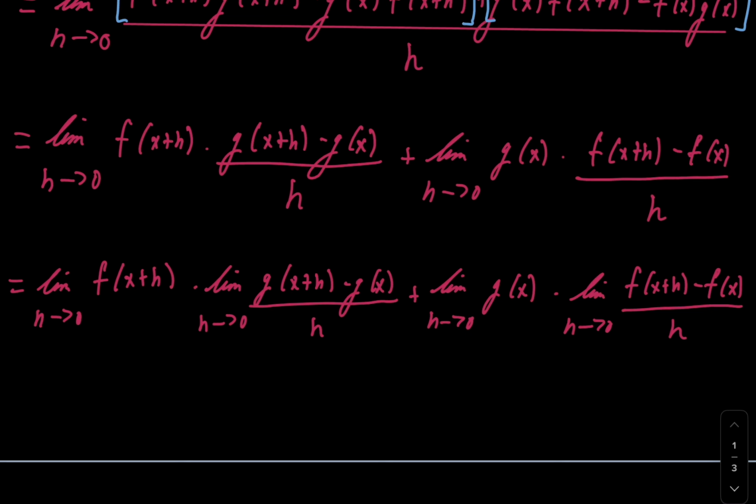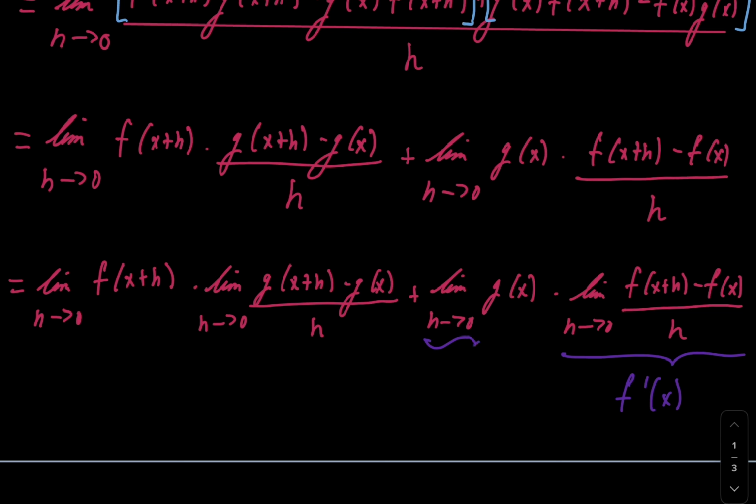All right. So let's look at each piece, starting from the right and working our way left. Let's pick a different color. Let's pick purple. This piece right here is just f prime of x, because we assume that the derivative of f exists, and this is exactly the derivative of f using the limit definition.